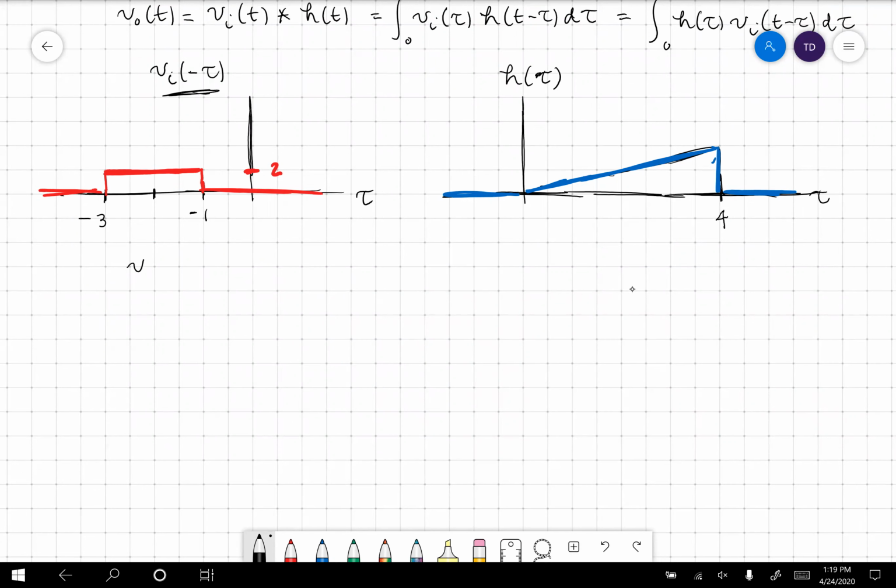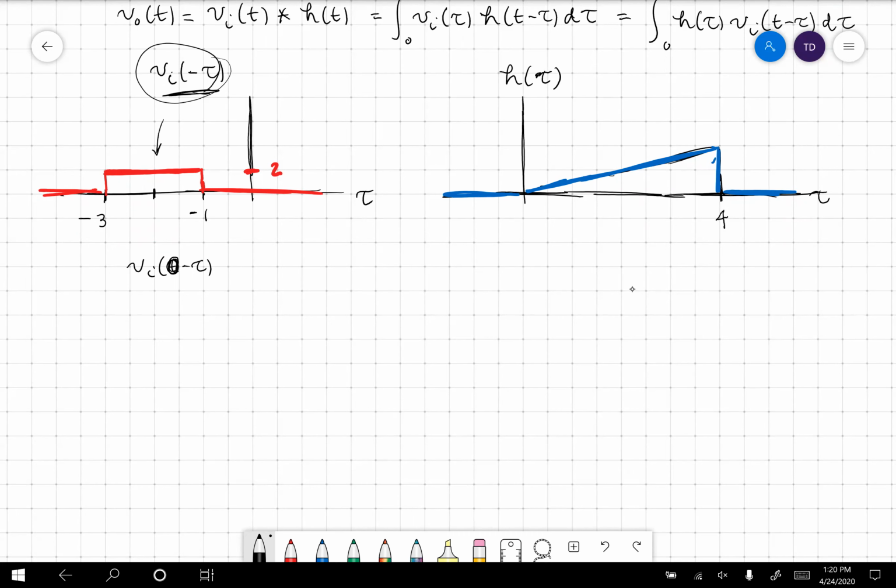In other words, in vi of t minus tau, for this picture, what is the value of t? Everybody agree it's 0? t is 0. When I plug in 0 right there, I get vi of minus tau. Yeah, that's what we have right there, vi of minus tau.